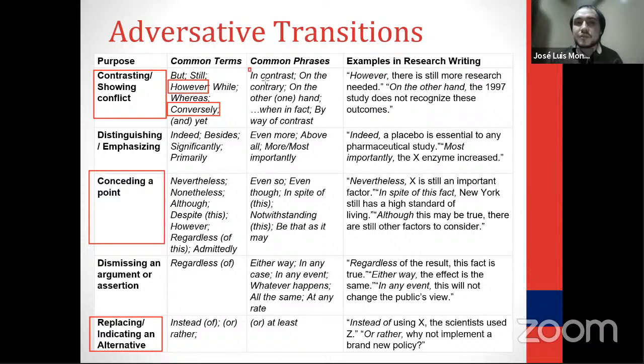And in this next group can be in contrast, on the contrary, on the other hand, on the one hand, that's one thing, and by way of contrast. So all of those that are marked are going to work with the rules that we learned.